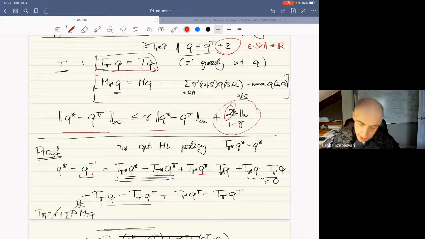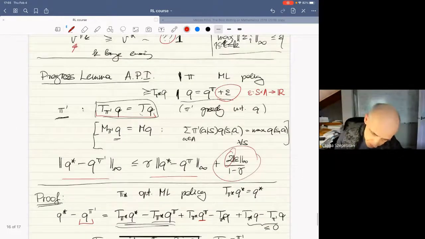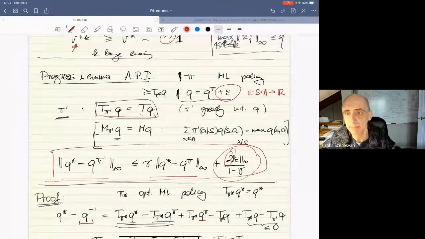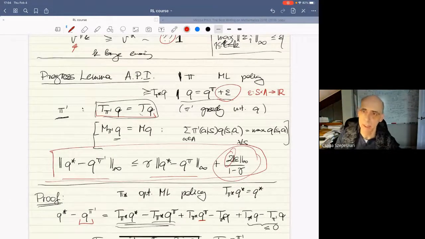All right, and we have seen how to use this inequality. If you have an inequality like this, you can iterate it, and it shows that you're controlling the errors. We have seen this in the proof when we were talking about the sparse look-ahead trees. The same inequality appeared, and we were just iterating through it.